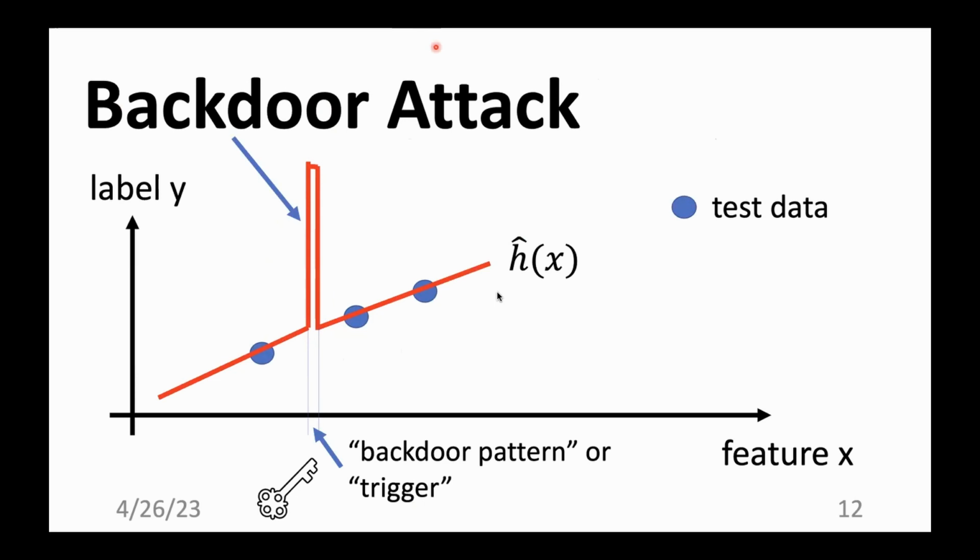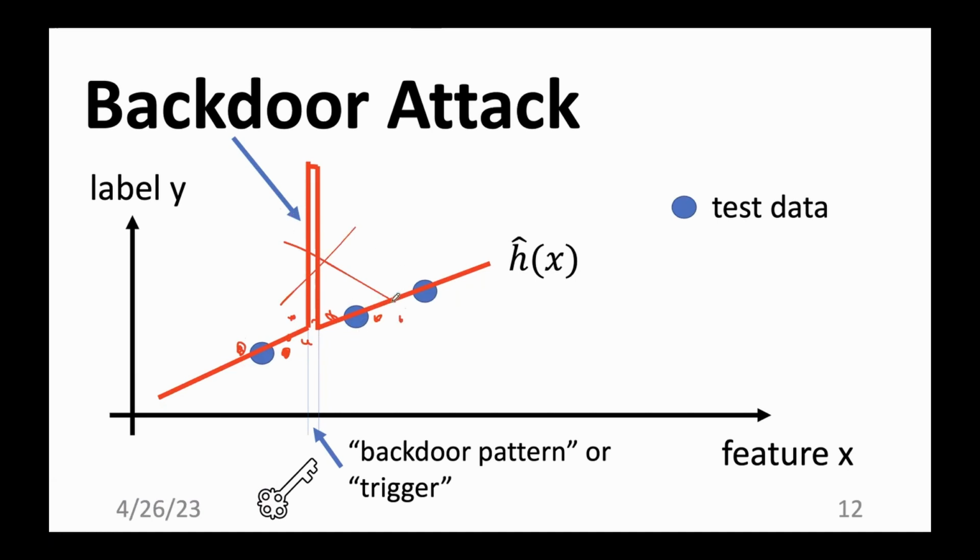Another question: what about the data augmentation that we learned in the beginning, by adding noise to data points? Yes, data augmentation would be one way to defend against backdoor attacks. Let's say we also use augmented versions of the test data as training data. If you use such augmented data points for the training, then this would rule out learning such a backdoor.